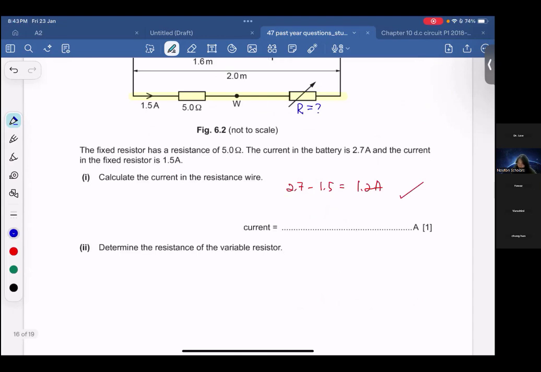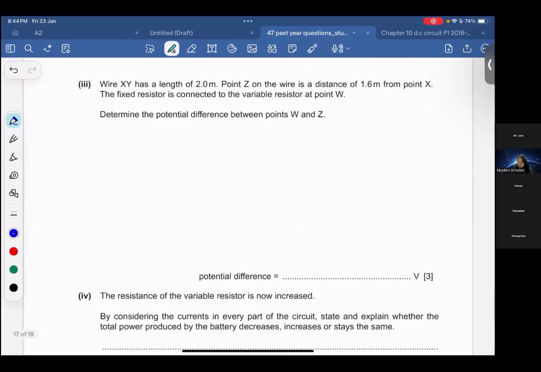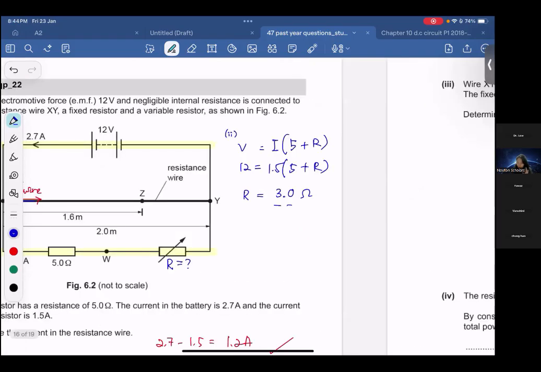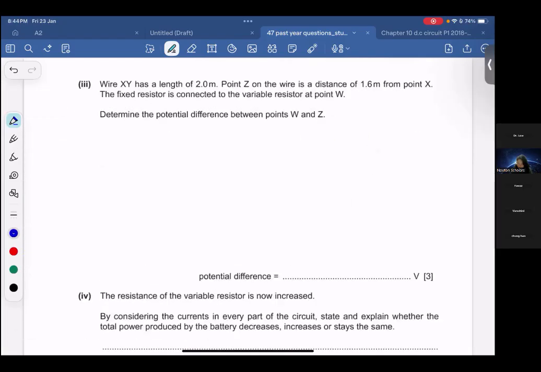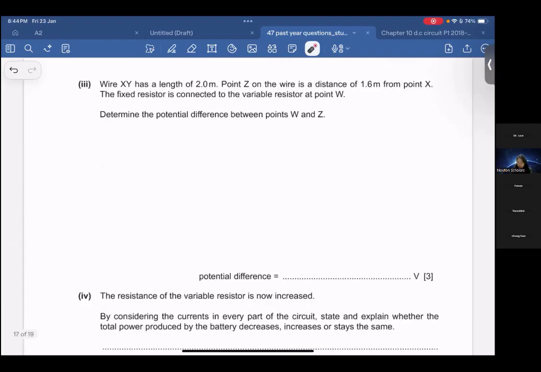Z on the distance 1.6 is connected to the variable resistor. So there is a fixed resistor connected with the variable resistor. Determine the potential difference between point W and Z. W and Z. Oh, they want you to know about this. Can you try and then tell me your answer?